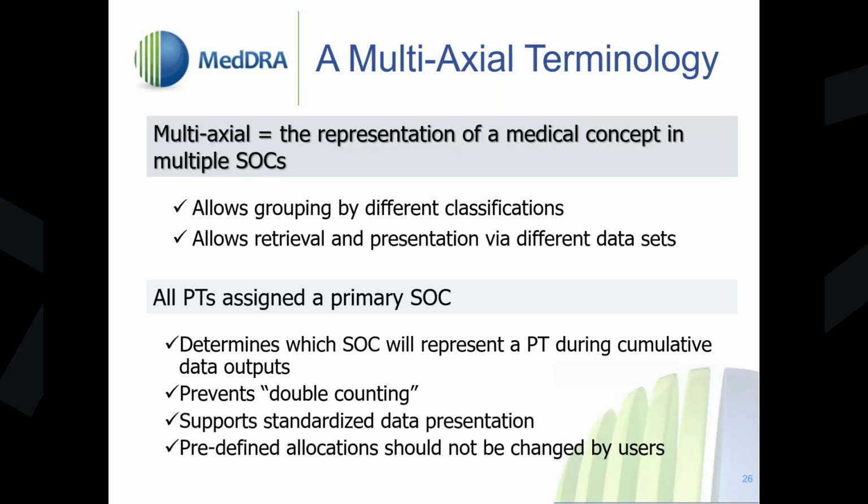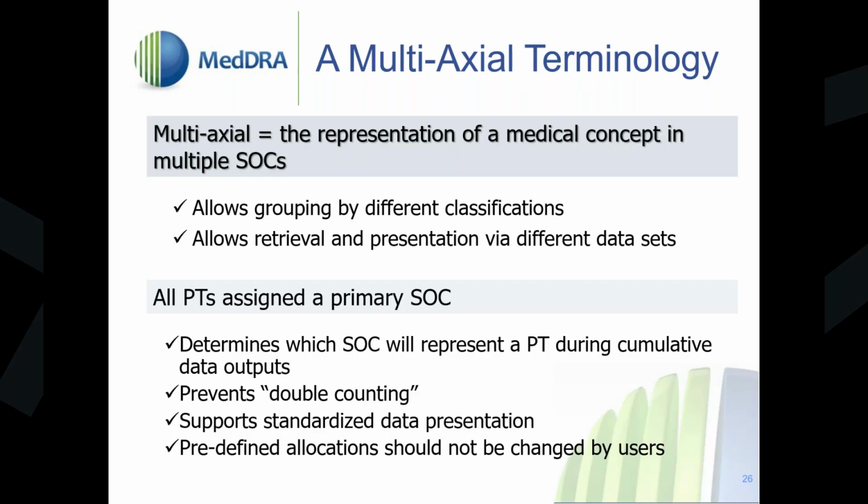And having a primary system organ class predefined by the MSSO supports the standardization of data because it is the same primary system organ class no matter where in the world you are operating. And of course, the one thing to stress here is that the primary system organ class allocation is predefined. It should never, ever be changed by users, even if you figure out a way to change the system organ class once you have your MedDRA files.